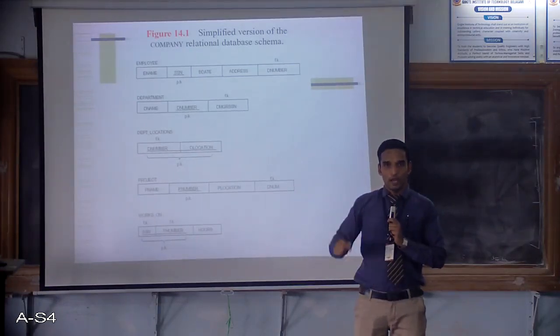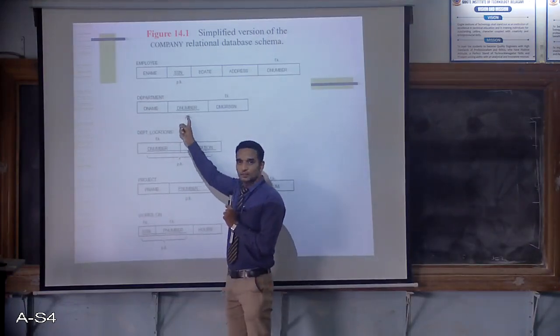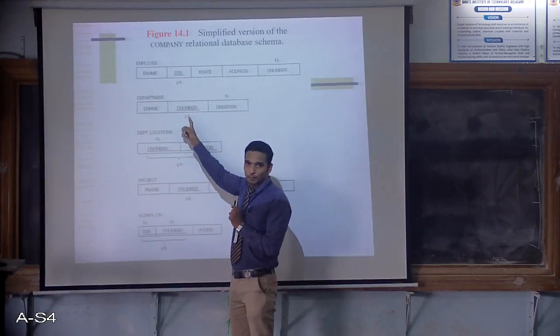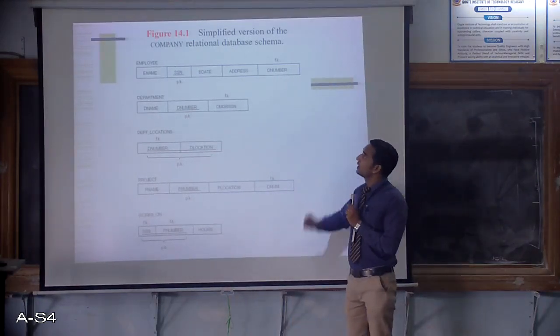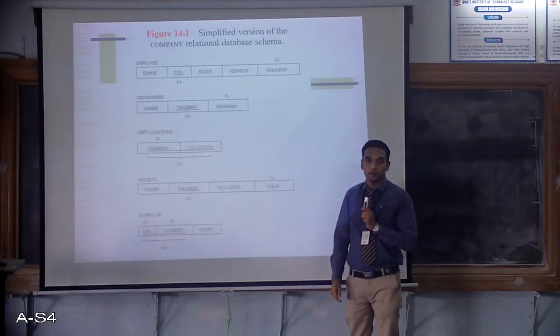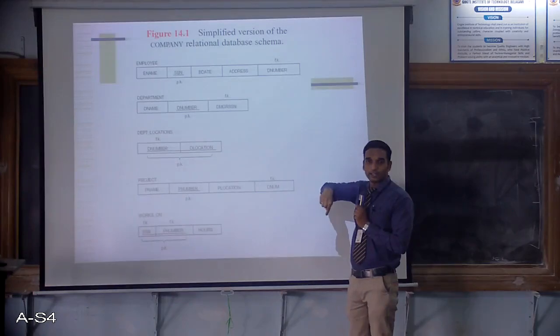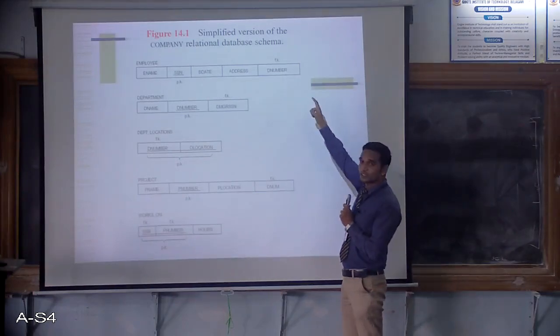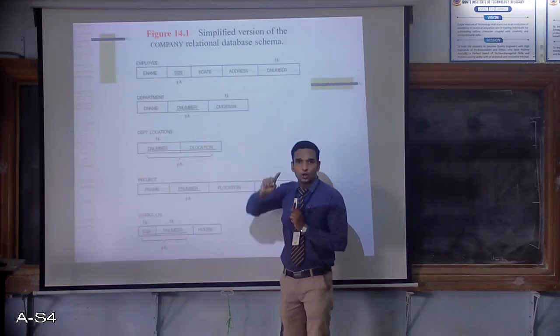And on similar lines, there is one more relation by name department which has D number as primary key. And if you look at the other part here, in the employee table, there is department number. Now, whenever you are relating more than one table, it should be taken care that only foreign keys are connected to the parent table, no other key.